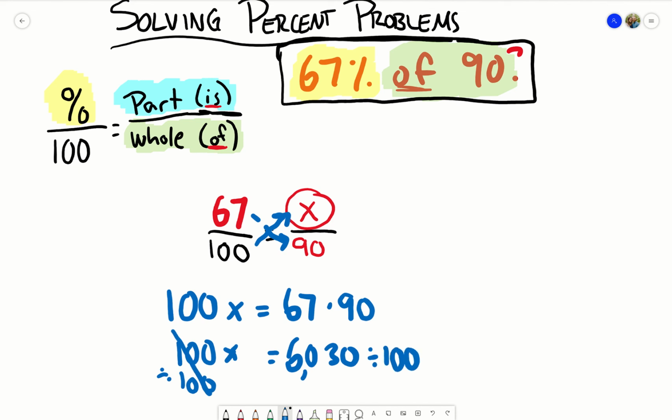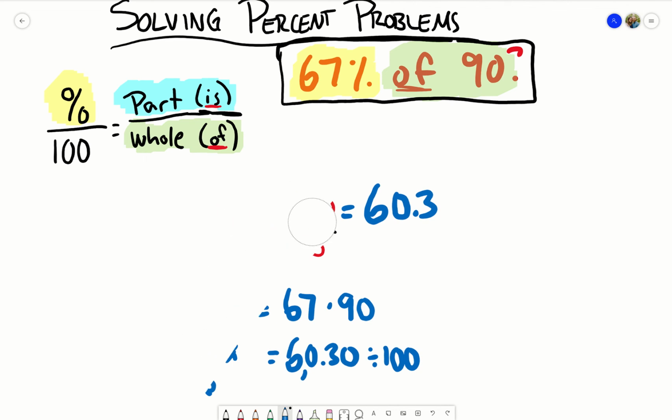Again, use your calculator, or know that dividing by 100 means move your decimal back twice. x equals 60.3. 60.3 is 67% of 90. Okay? That's how it works every time.